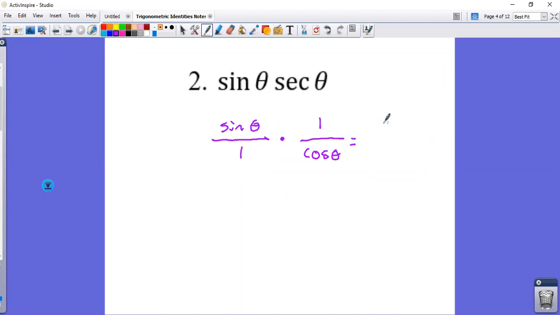So if we just go straight across, sine times 1 is sine. 1 times cosine is cosine. And then don't leave it in that form because you want to write these as one trig, but sine over cosine, that's tangent. So this would equal the tangent of theta.